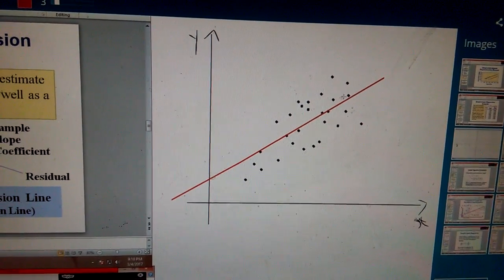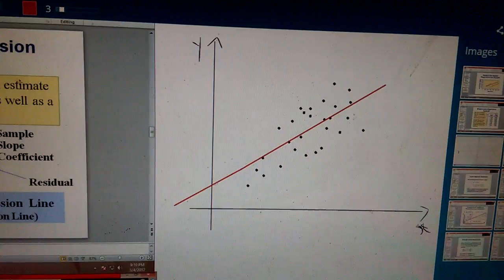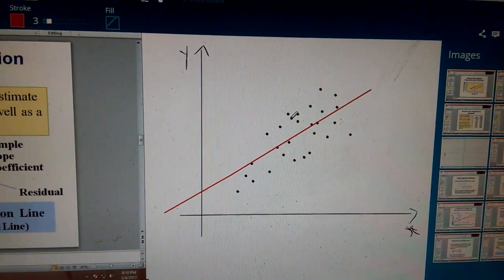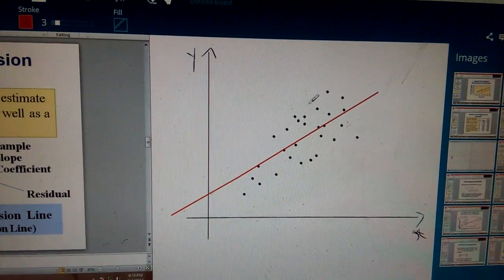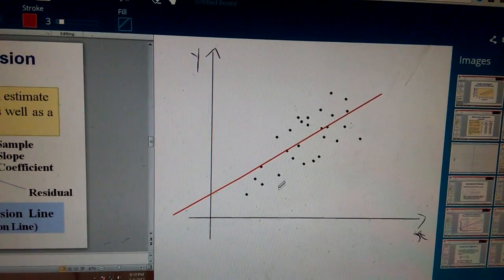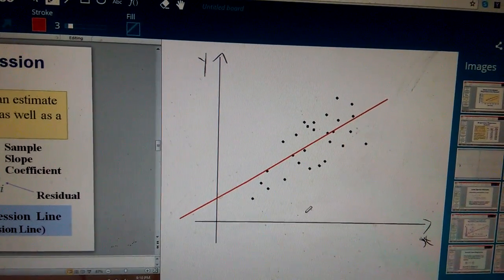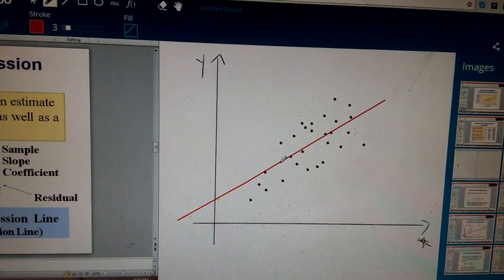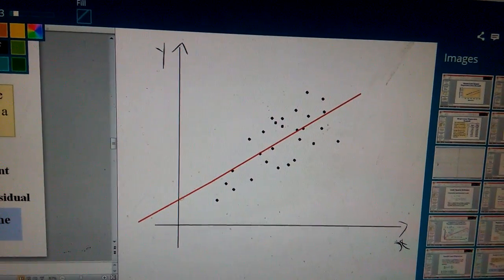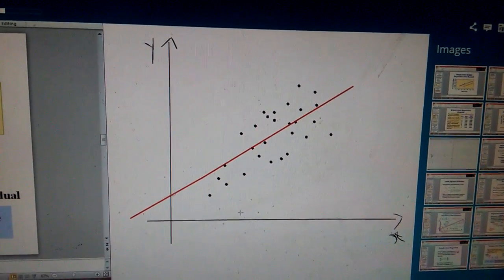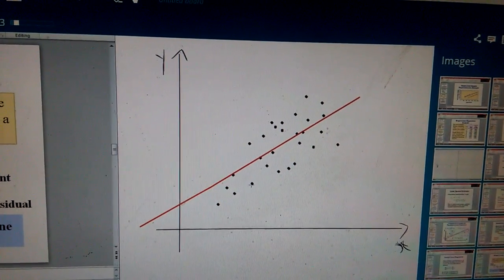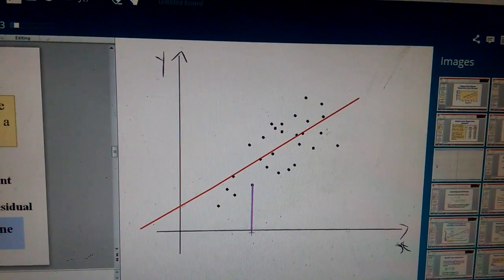Now as you can see, this is the line of best fit, and these are the actual values that we have obtained through the data sample, corresponding to particular x values. If I talk about my estimated values, this is the actual value corresponding to this value of your x.